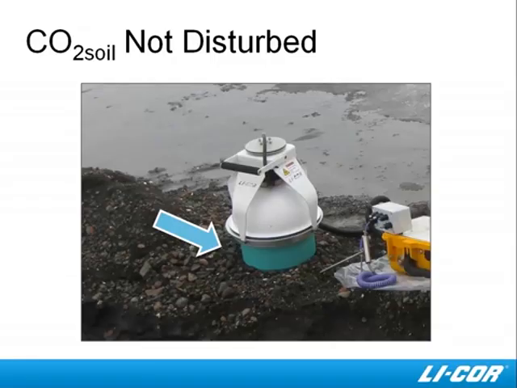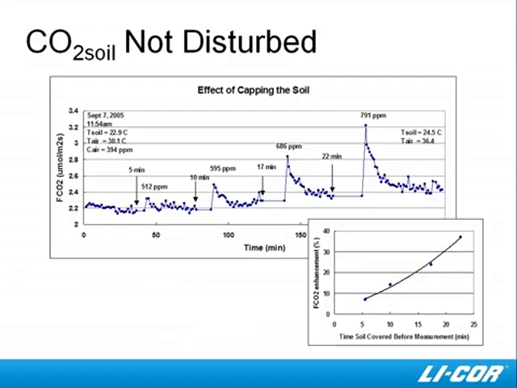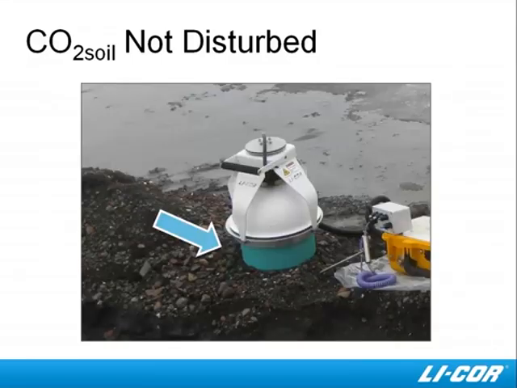So our next requirement is that we don't disturb the soil CO2 concentration, and we address this a couple of different ways. One of the things we use is a soil collar, which is what's pointed to here with the red arrow. Basically, these are 4-inch or so sections of PVC sewer pipe that get inserted into the soil a day or so prior to making measurements.